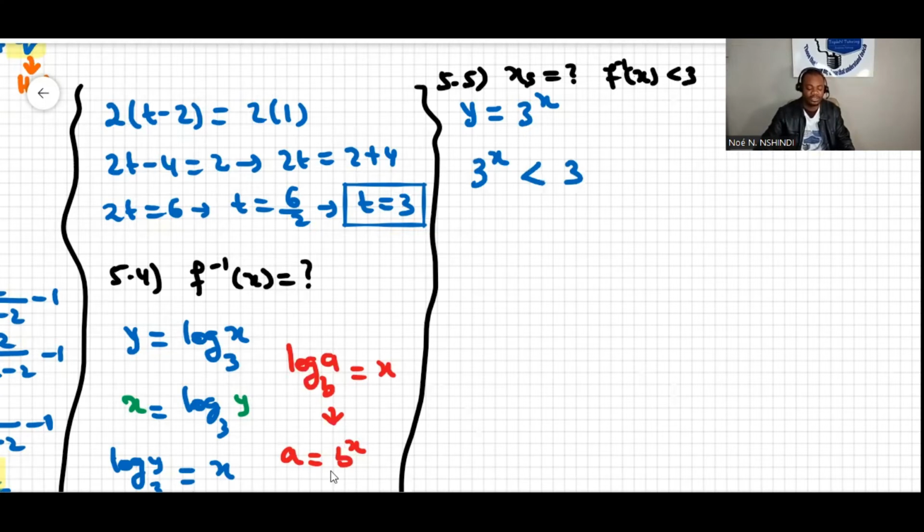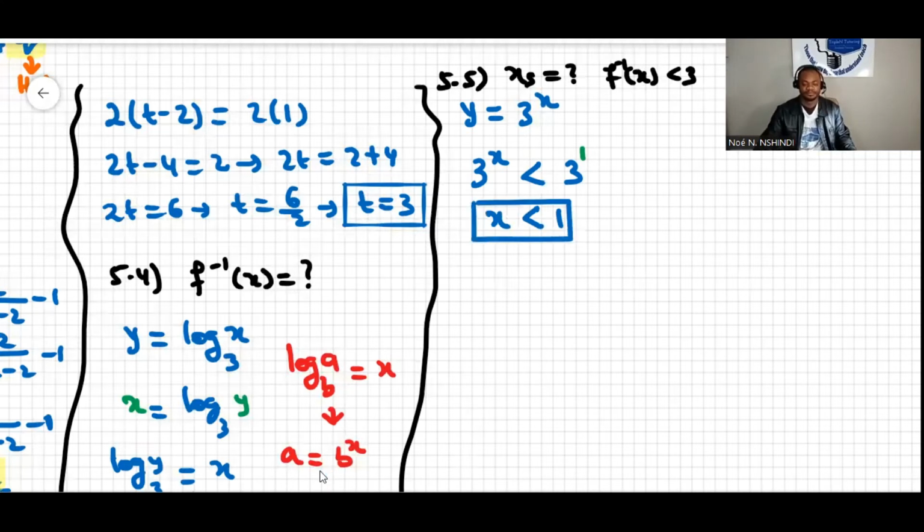It is important to note that when you see a number like that, it has an exponent of the power of 1. So in this situation, according to the law of exponents, when the bases are common, we're going to equate the exponents. But here we don't have an equality, we have an inequality. So we're going to say x is less than 1.